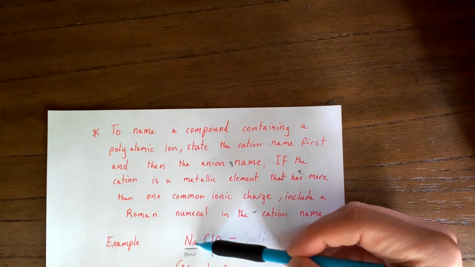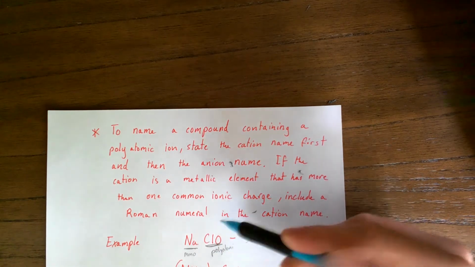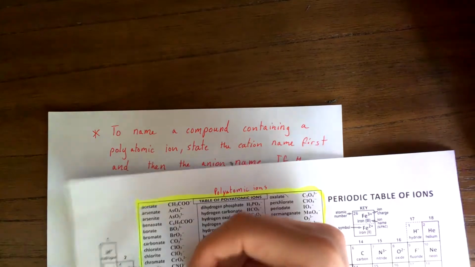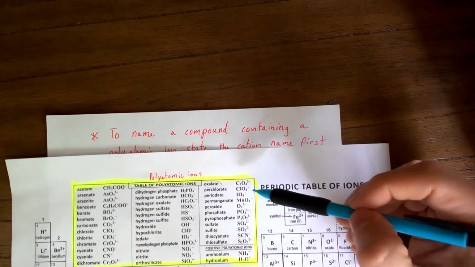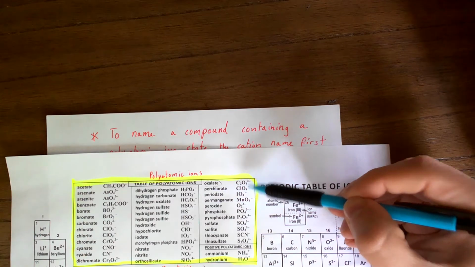Keep in mind that sodium is going to be monoatomic, ClO is going to be polyatomic. So let's find the name for Na. Na is sodium, and ClO, which I messed up last time, so I'm recording this video over again.